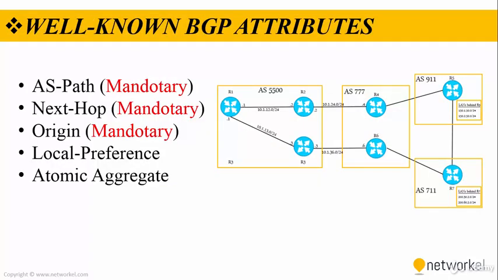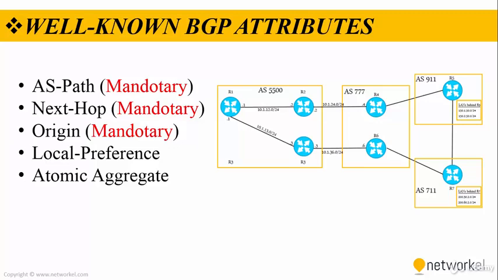And here are the well-known BGP attributes. The mandatory features are the features that must be included in BGP update messages. The ASPath feature shows the number of autonomous systems to be traversed while reaching the target network.